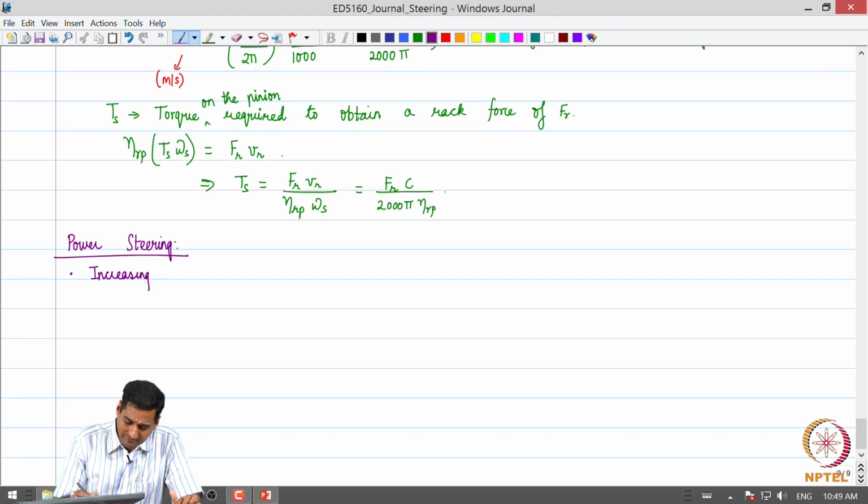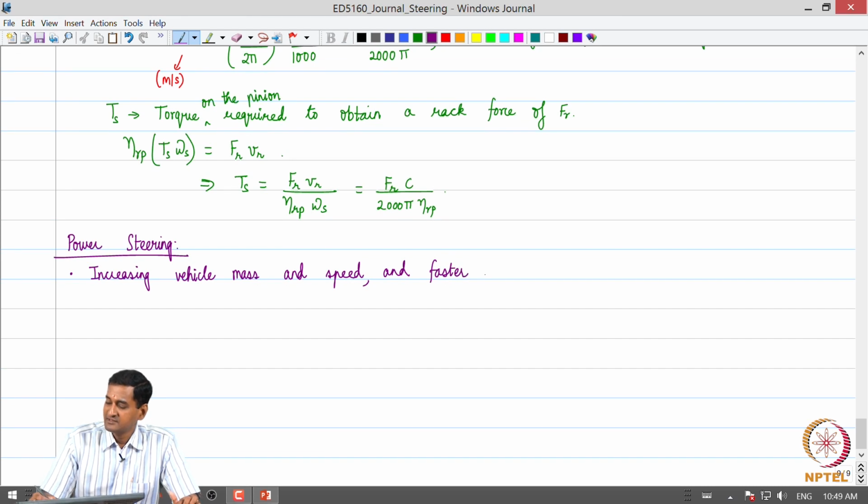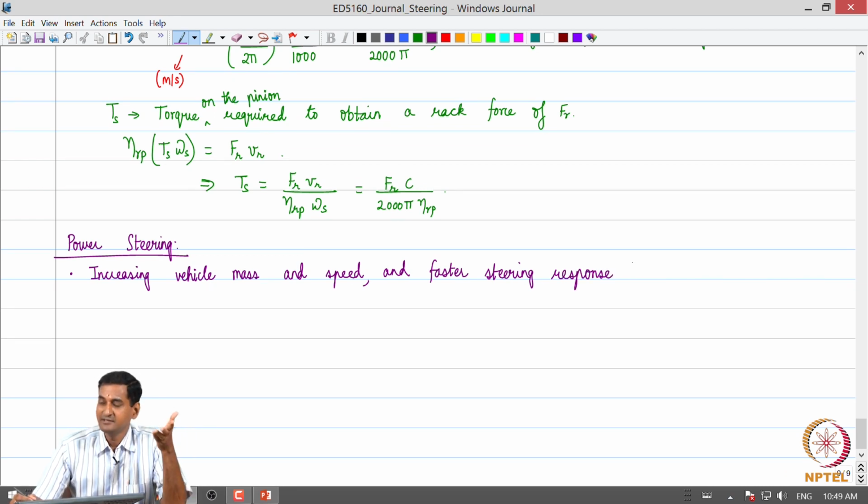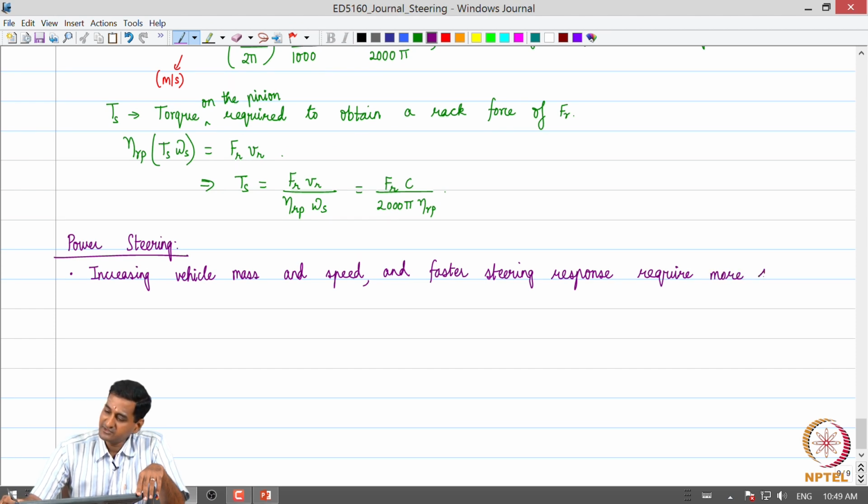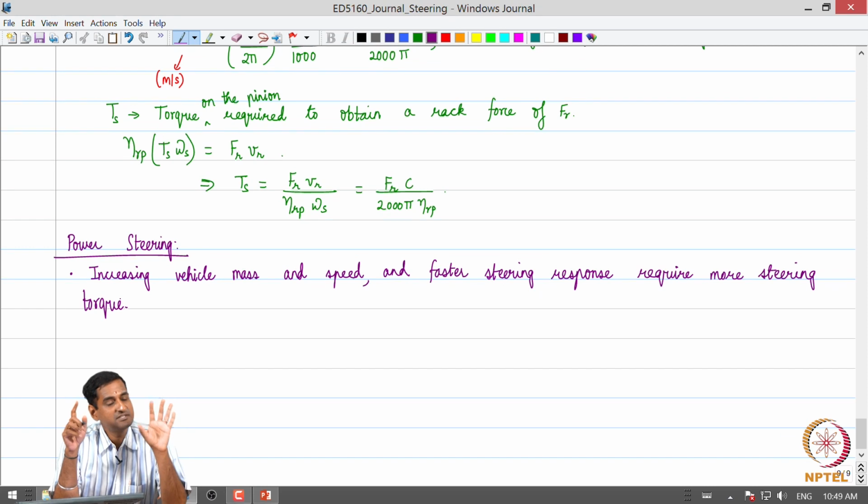With increasing vehicle mass and speed and faster steering response, we want the steering response to be quick. Then all these factors require more steering torque on the steered wheels. But how can I increase the steering torque on the steered wheels?